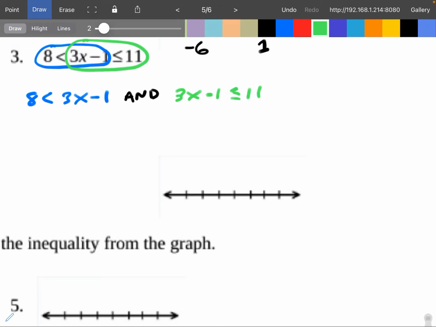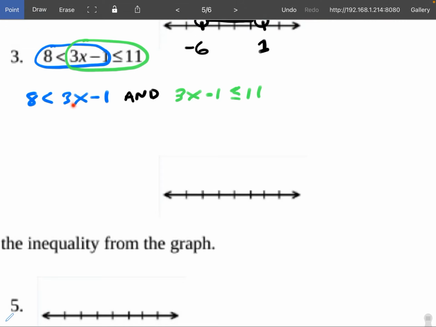And then I got to connect that with the word and. And then the other one in green is 3x minus 1 is less than or equal to 11. All right, and we just solved both of those. So what's the first step on one of those? Trying to get x by itself.